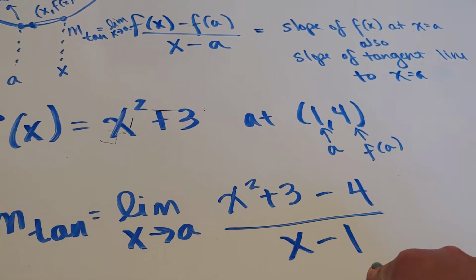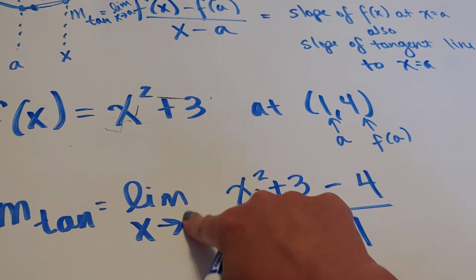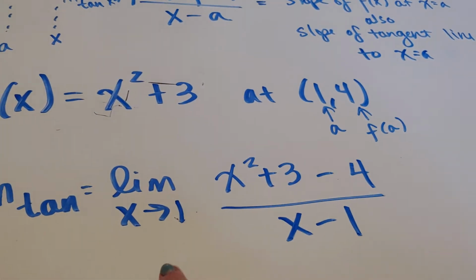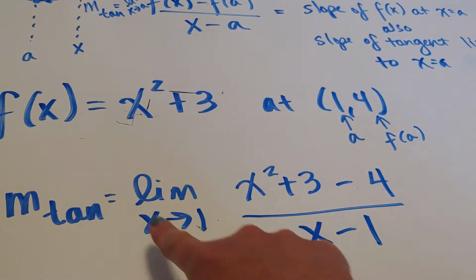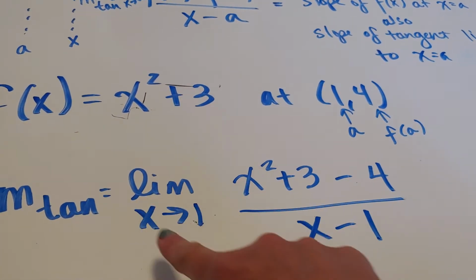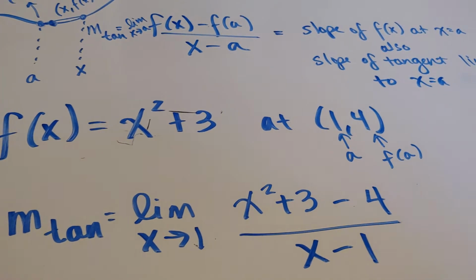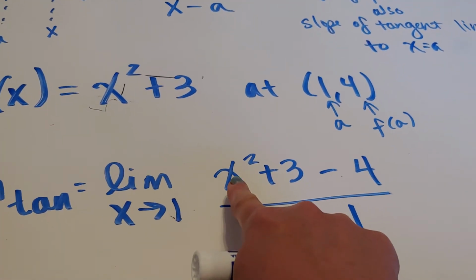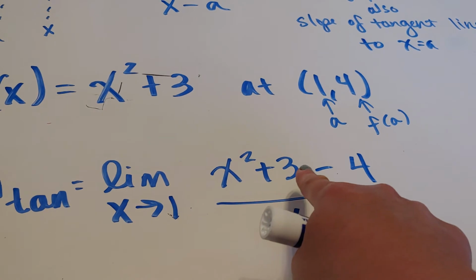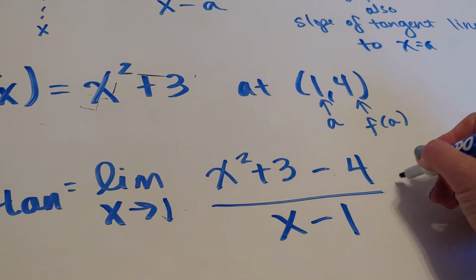Now what's A? 1. So let's go over here and fix that. When I do this, I should have all x's or numbers. That's it, x's or numbers. Now, if I were to plug in x is 1 right now, I'd get 1 plus 3 is 4, minus 4 is 0 over 0.